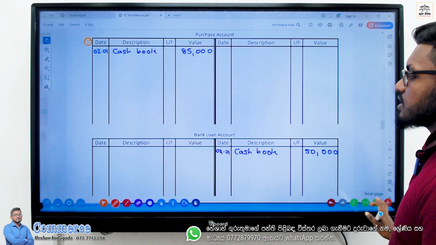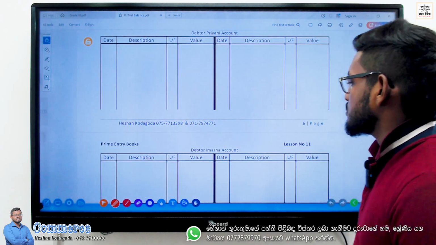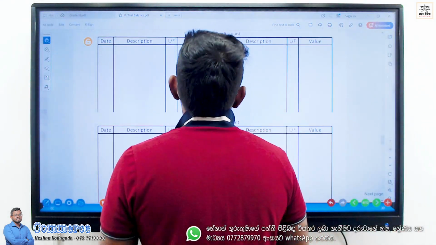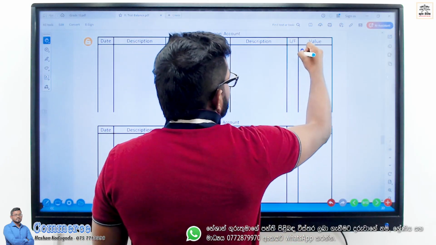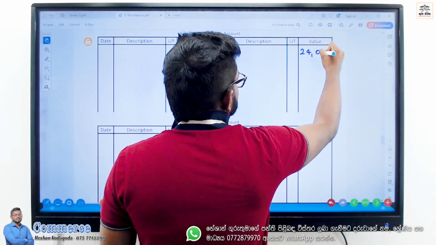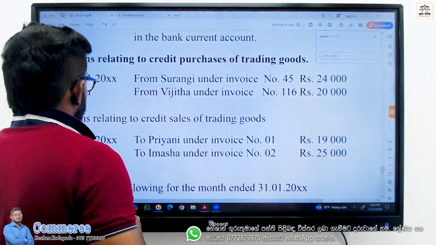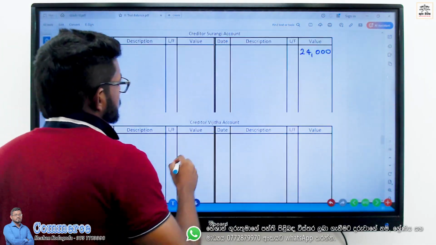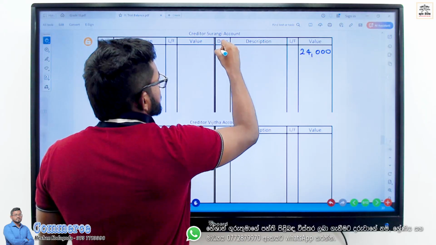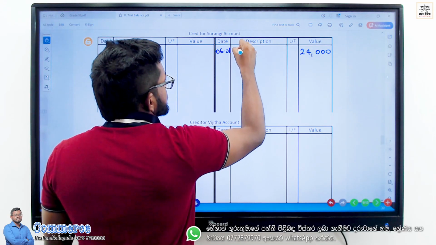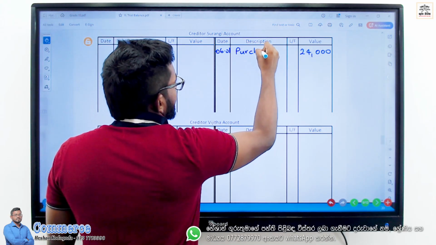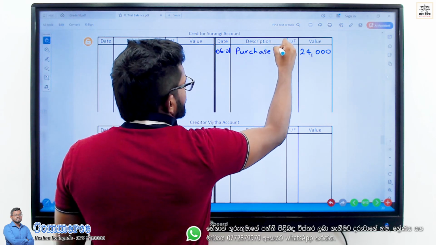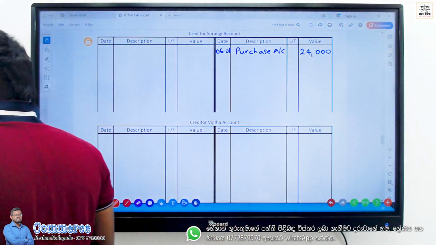Quickly go to the creditor Surangi account. 6th of January. Write it as purchase account. We debit the purchase account at the end of the month. Till then, keep it, right?